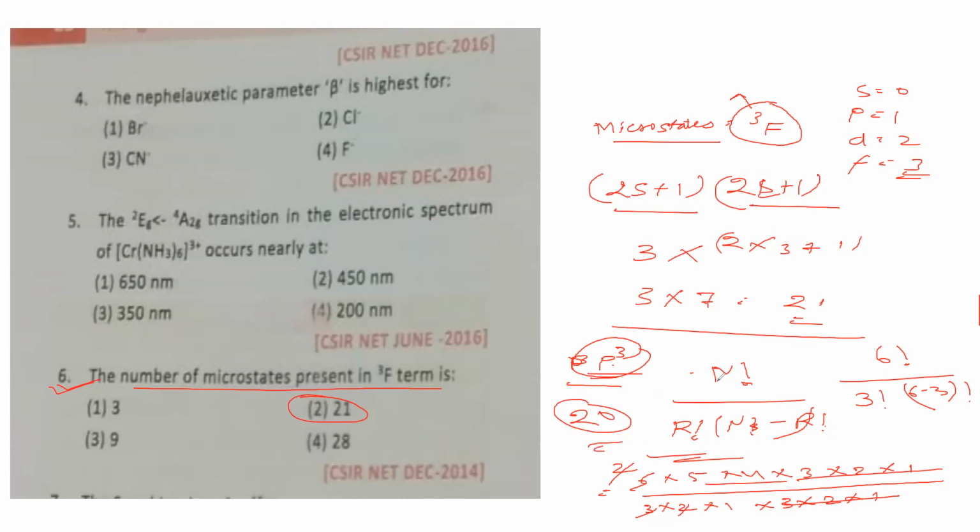In this way we can calculate the microstates for an electronic system as well as for a term system. If a term is given, then (2S plus 1) into (2L plus 1). If it is an electronic system, then n factorial by r factorial into (n minus r) factorial. What is n? N is the maximum number of electrons that can occupy the given orbital. And what is r? How many electrons are present at the given time. In this way we can calculate the microstates.